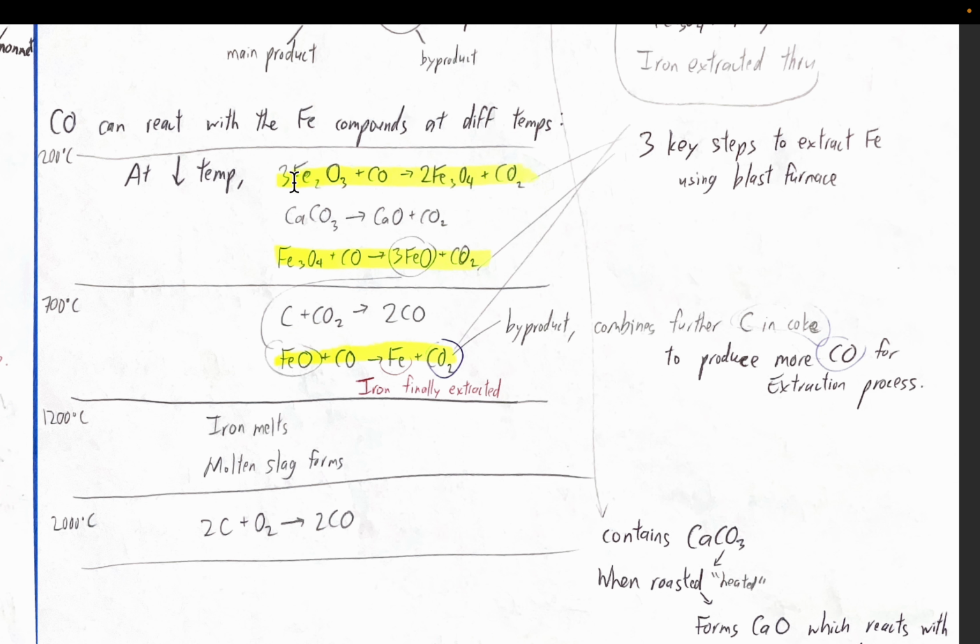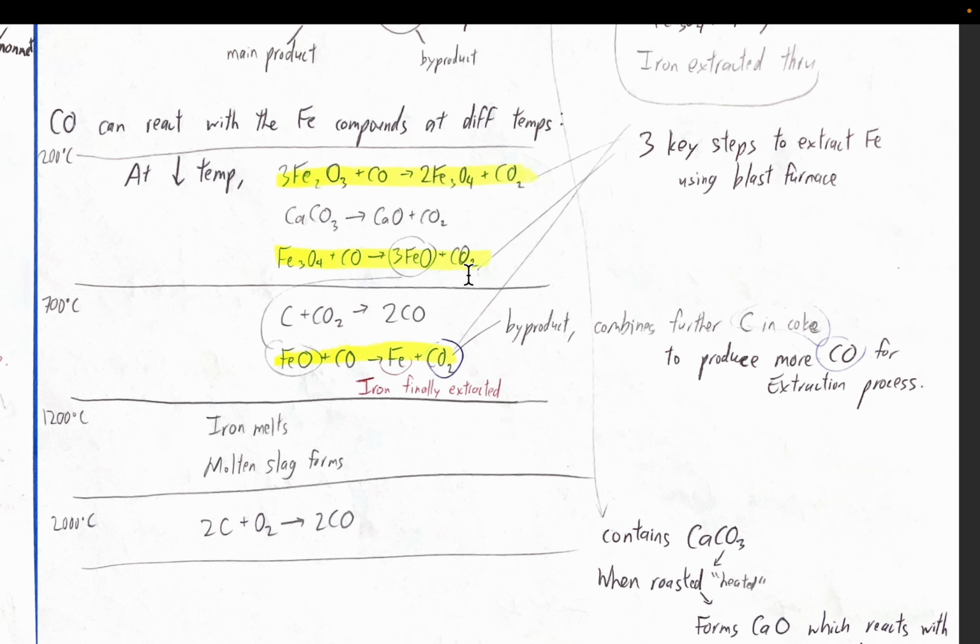I believe this is iron oxide. When you react it with carbon monoxide, you produce extra CO2, and this one goes here. You react it with carbon monoxide again, and you produce FeO and CO2.